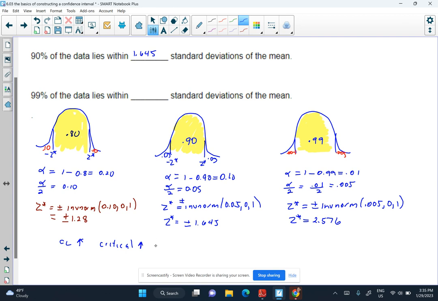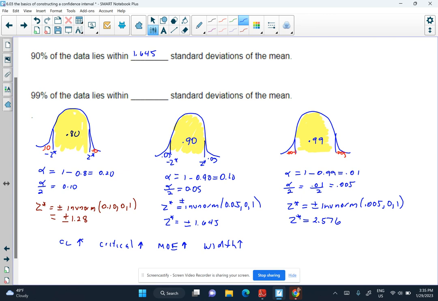Well, since the margin of error is the critical value times the standard error, the margin of error increases. And what that leads to is an increase within the confidence interval. So you become more confident, you have a wider interval.